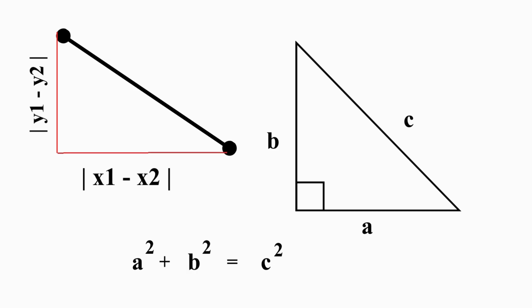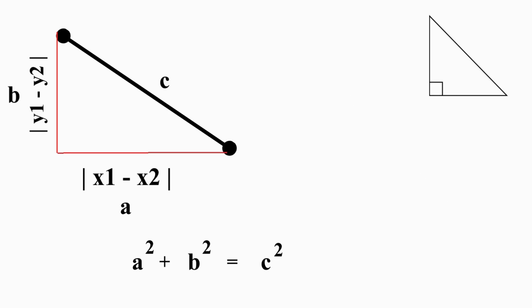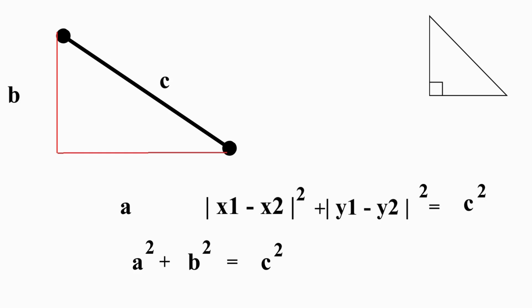Now, what if we apply this same logic to our line segment and find the length of the hypotenuse? Well, let's label these a, b, and c. If I plug this into our formula, we get the absolute value of x1 minus x2, whole squared, plus the absolute value of y1 minus y2, whole squared, equals c squared.